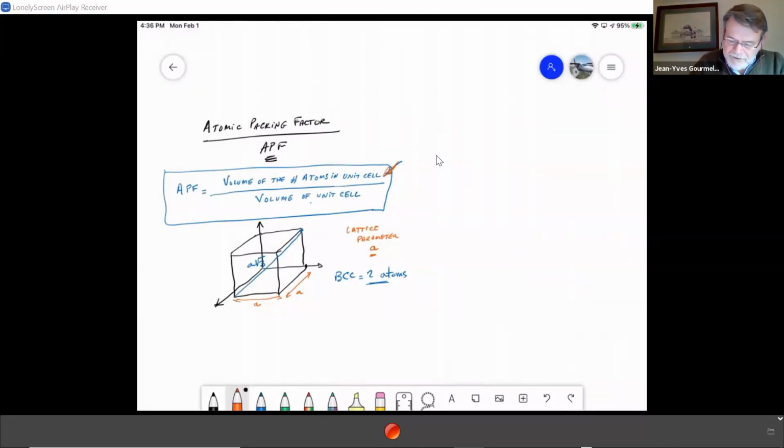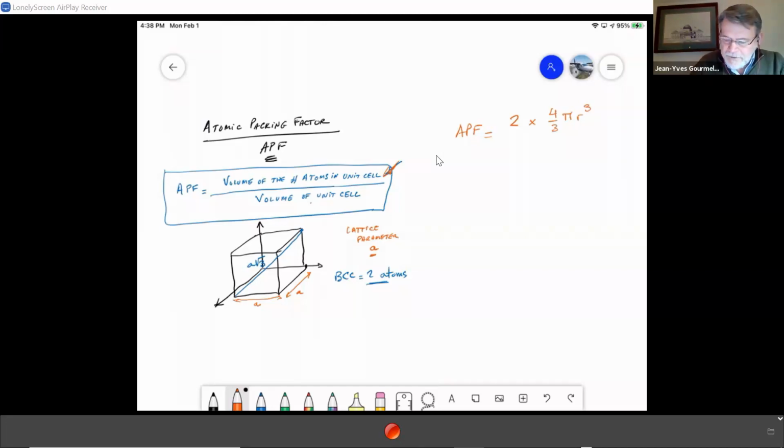We've got the numerator, then, APF, and we know we have 2 atoms in our BCC structure, and we know that the volume of each sphere, each atom, is 4/3 pi r cubed, right? So we've got the numerator here.